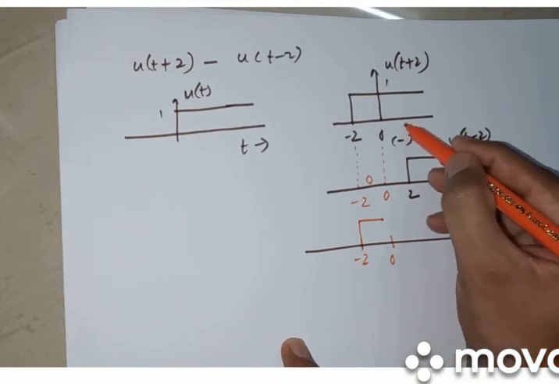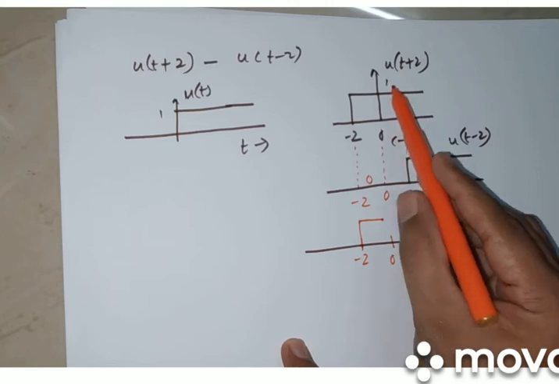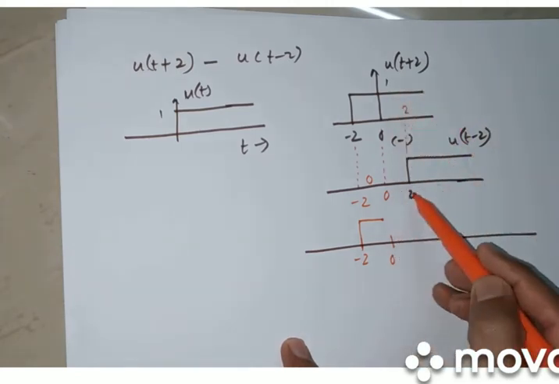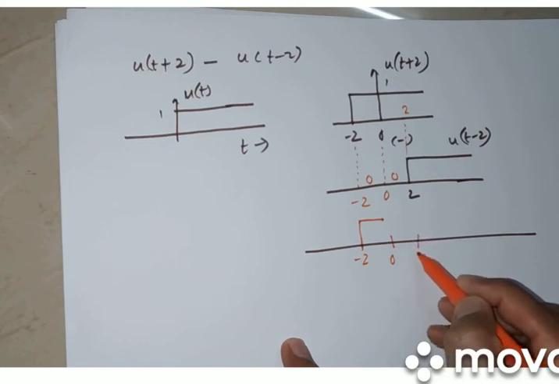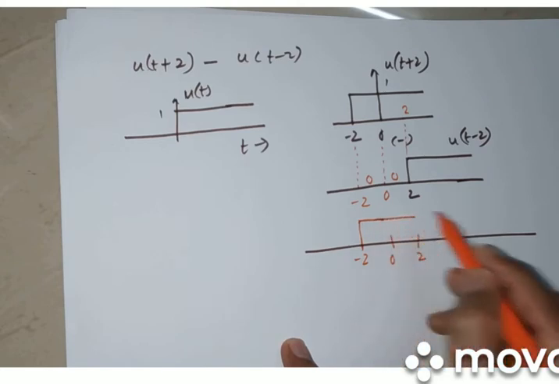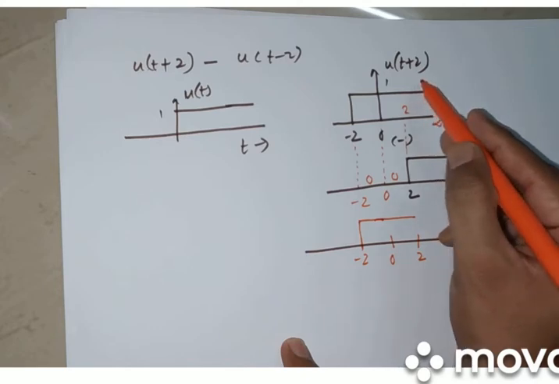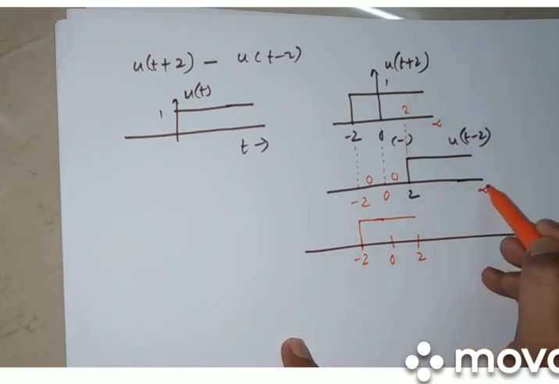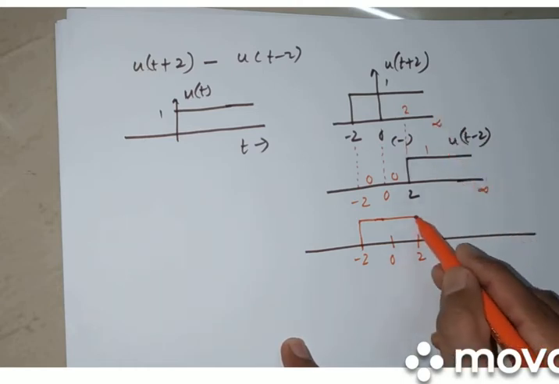Similarly, from 0 to 2, the value is 1, here from 0 to 2, the value is 0. Again 1 minus 0, it is 1 only. Now after 2 to infinity, the value is 1. Here also from 2 to infinity, the value is 1. So 1 minus 1 is 0.